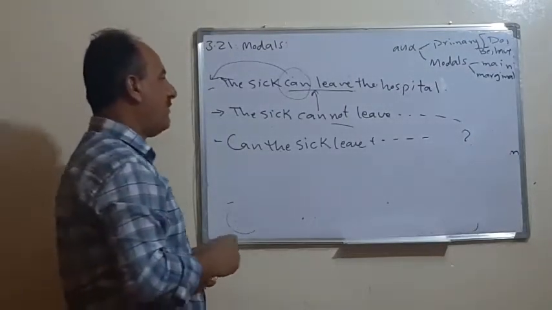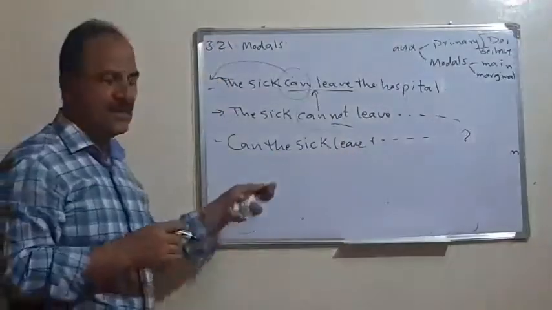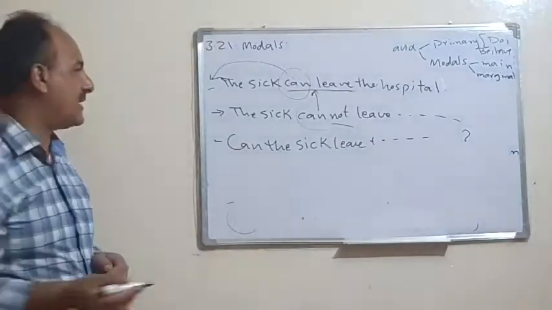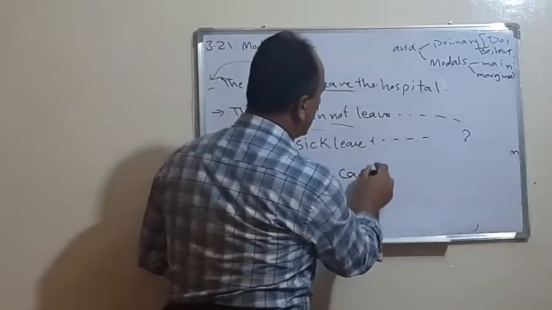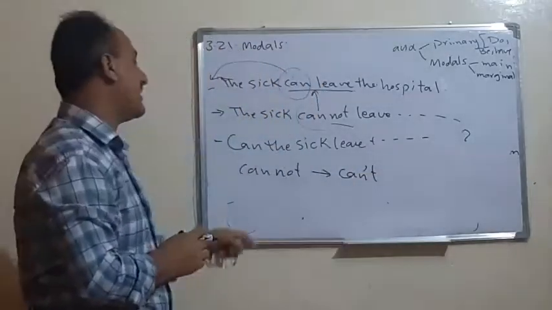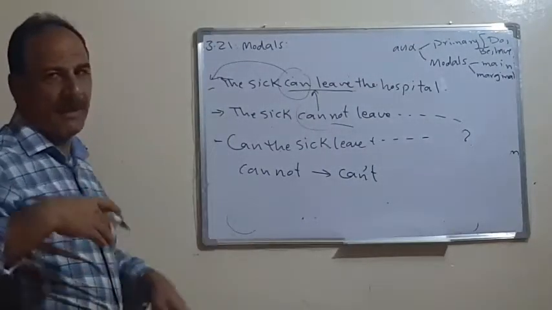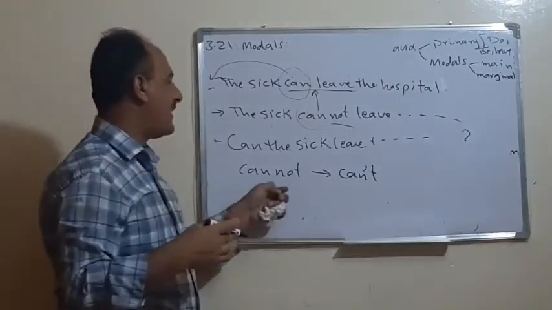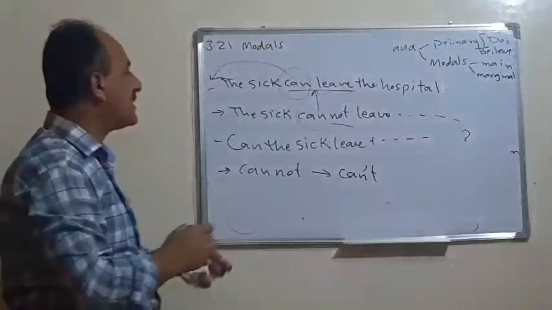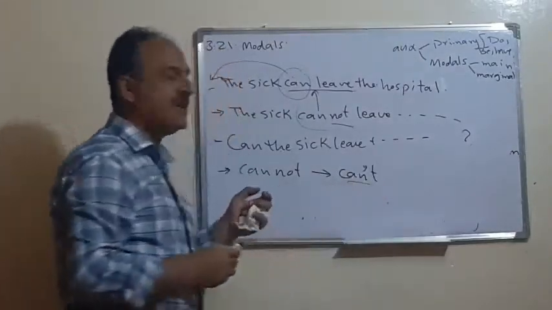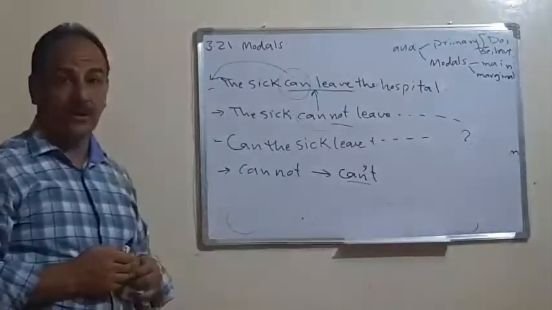And in most cases we use what we call the abbreviation. Abbreviation means instead of cannot, we say can't. Shall not, we say shan't. Would not, we say wouldn't. May not, mayn't, etc. This is mostly in spoken English, and in writing and in case of emphasis we use the full form.